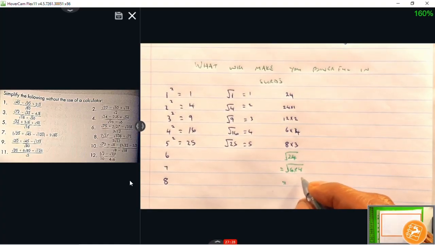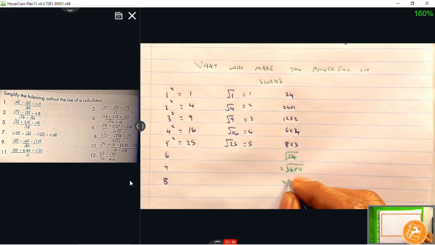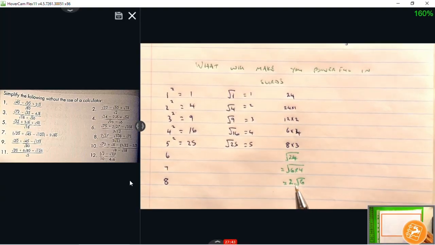Then if I know these things, it becomes easy. I don't even need to write root 6, root 4. I can easily say 6 is not a perfect square, but I know that 4 is a perfect square. Then the square root of 4 is 2. Then I am able to be quick. Then I can see that the answer is 2 root 6.